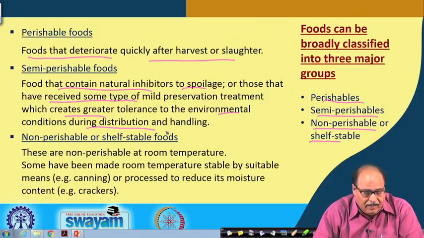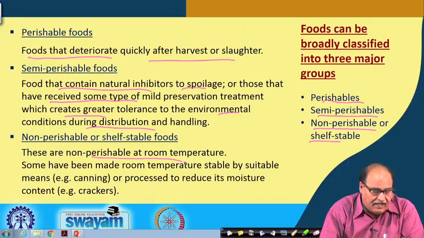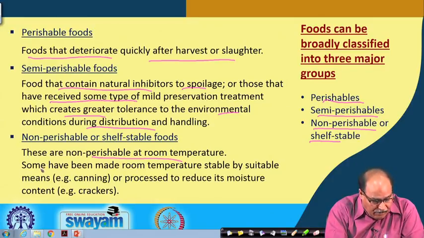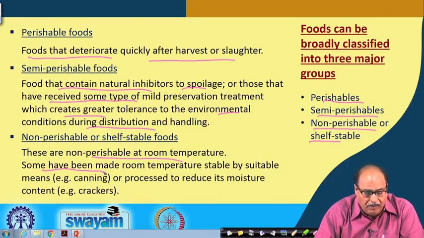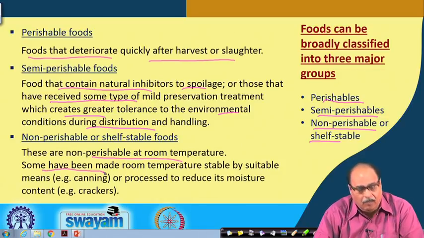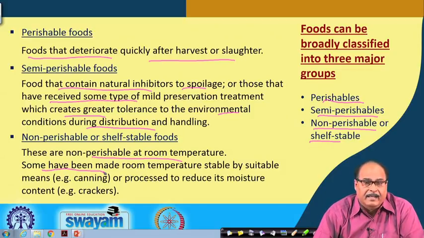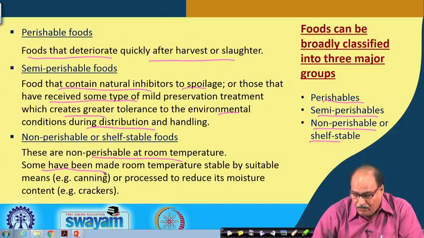These are non-perishable at room temperature. Some of these foods have been made room temperature stable by suitable processing means like canning or by drying to reduce their moisture content to a significantly low value.